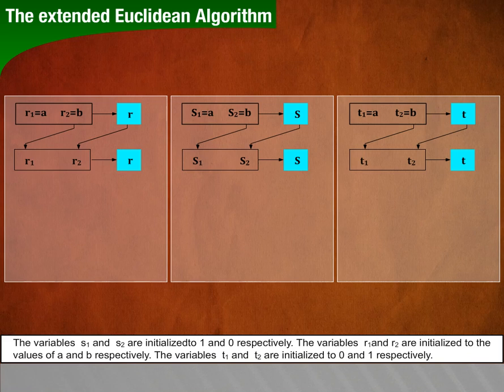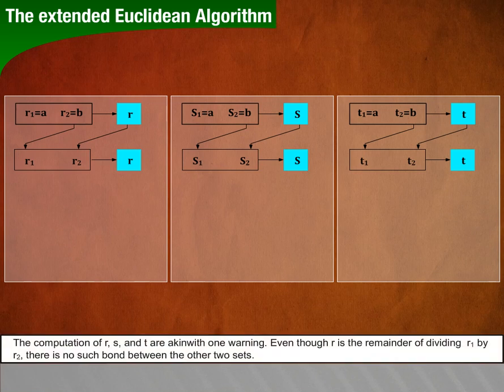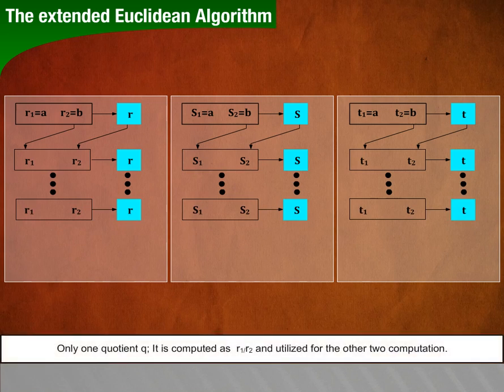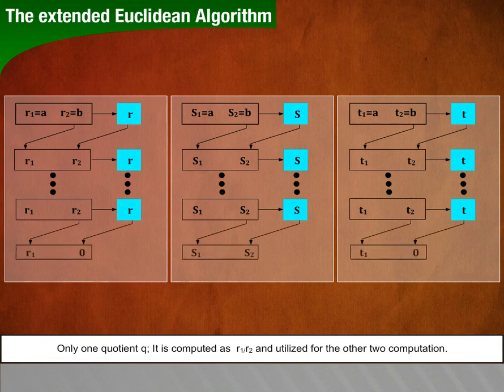The variables t1 and t2 are initialized to 0 and 1 respectively. The computations of r, s, and t are alike with one warning. Even though r is the remainder of dividing r1 by r2, there is no such relation between the other two sets. Only one quotient q is computed as r1 divided by r2 and utilized for the other two computations.